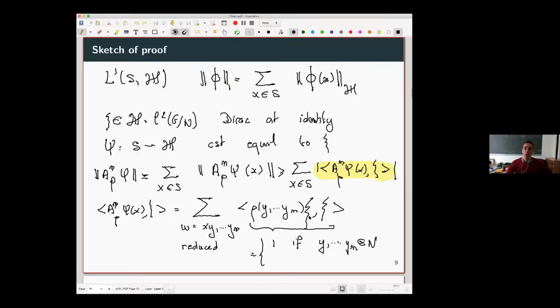So just taking the scalar product of xi with itself, you get 1. And if the element is not in the kernel, you get a Dirac at a point which is different from the identity, and the scalar product is just 0.